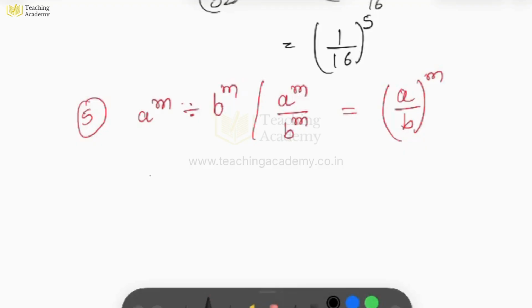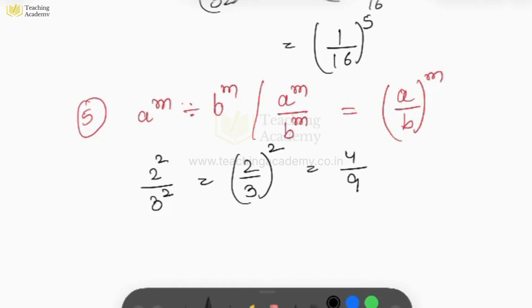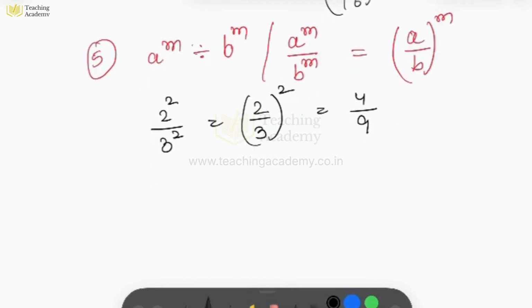Same thing again happening here. If it is 2 to the power 2 over 3 to the power 2, so that makes it 2 over 3 whole to the power 2. Okay, if you want to solve it further, as it is below 5, we can do it. It's 4 over 9. Okay.